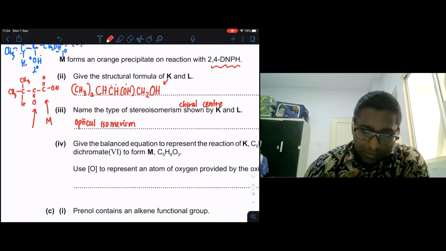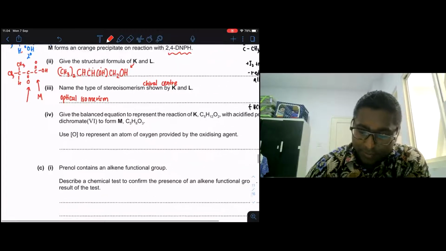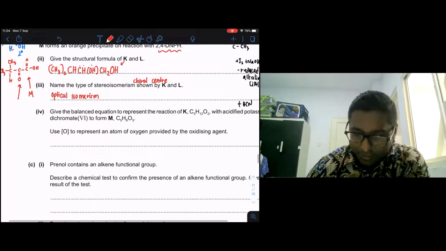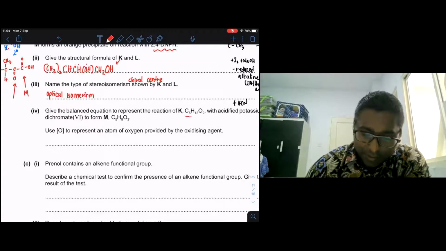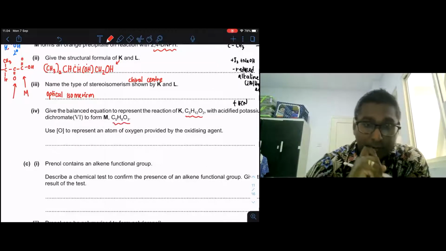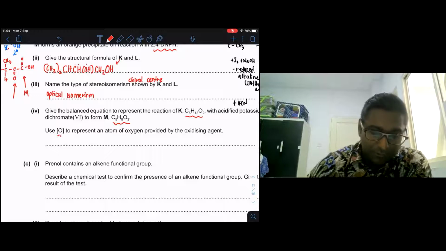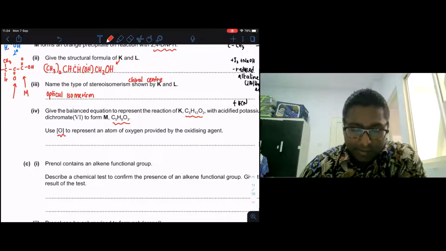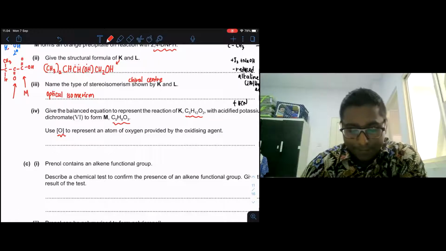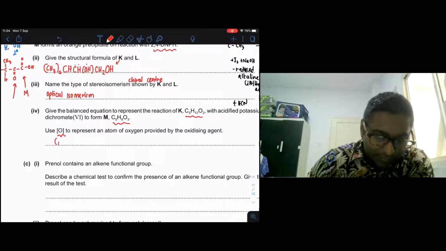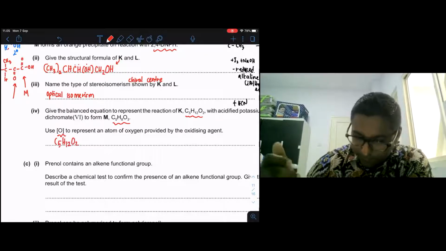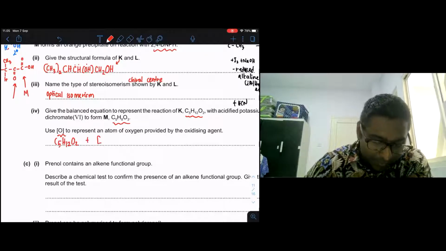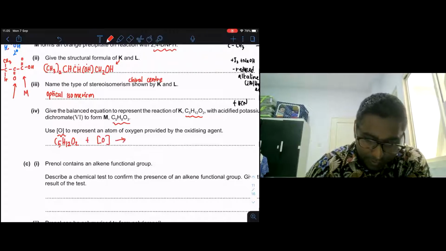Now give the balanced equation to represent this reaction. When you have this to form this, no need to worry so much because you don't need to draw. You can say that K is changing to M. So you just need to put C5H12O2 plus [O], and then C5H8O3.